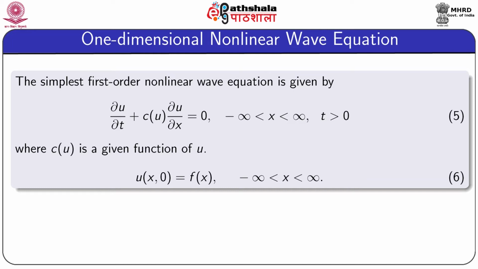We also have the initial condition u(x, 0) = f(x) for −∞ < x < ∞. Now we are going to solve equation 5 together with the initial condition 6.